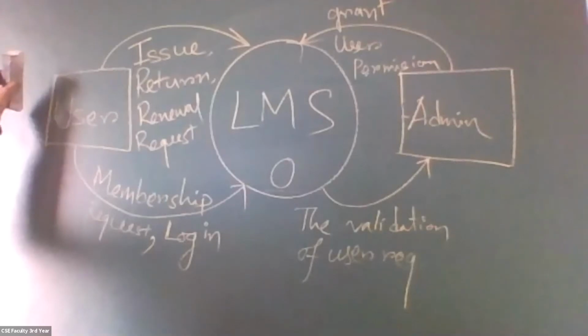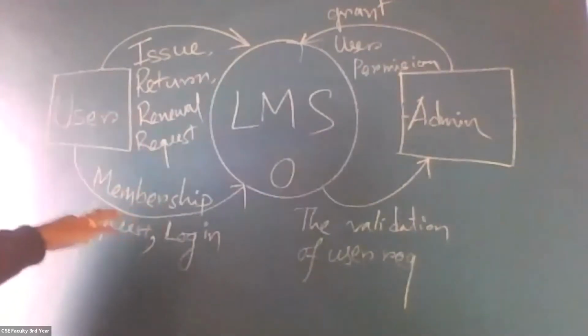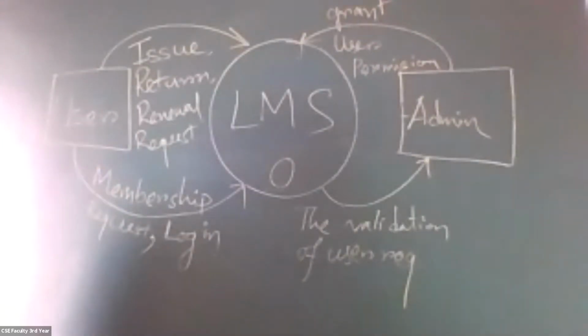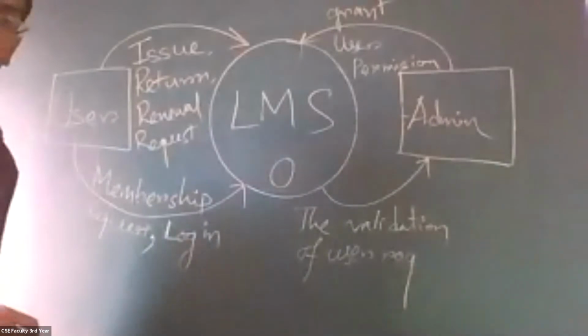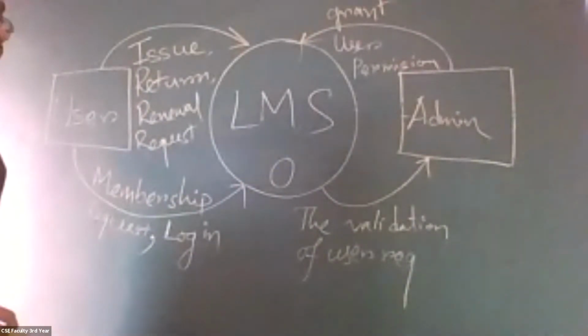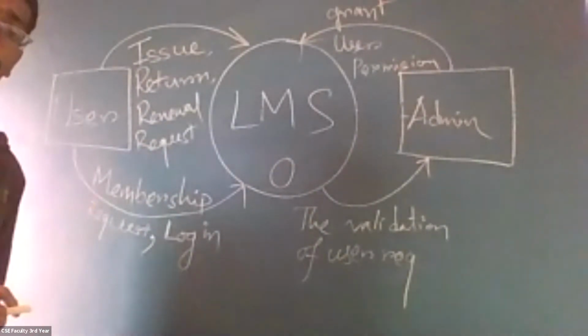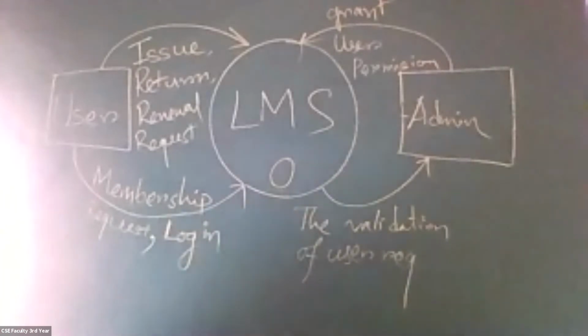So if it is clearly visible, then you can take a screenshot of it, and after that, draw the diagram in EdrawMax using the software. Draw the same diagram. Okay, is it clearly visible? Yes, sir.